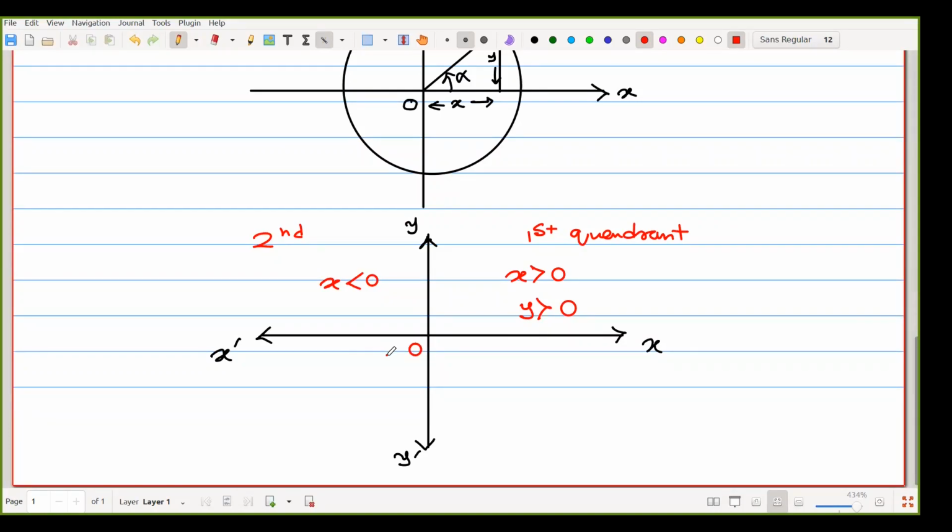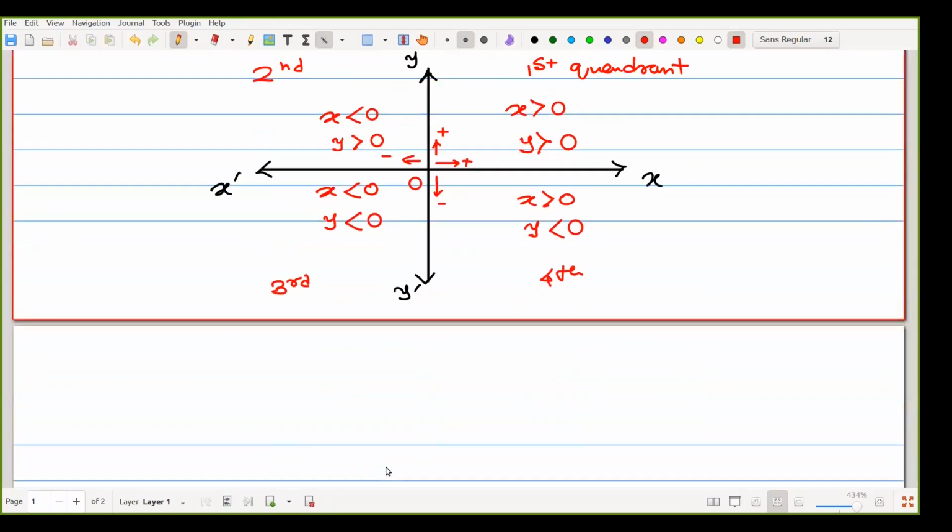If that is our origin, that side is always plus, that side is always plus, that side is always minus, that side is always minus. So obviously x must be less than 0, but y is always greater than 0 here. In the third quadrant, we have x less than 0, and also y less than 0. And in the fourth quadrant, we have x greater than 0, but y is less than 0.